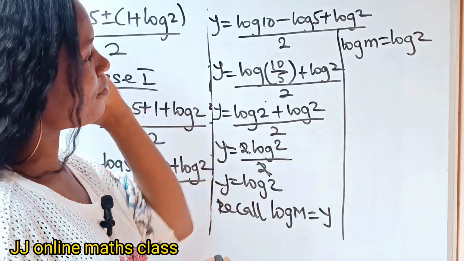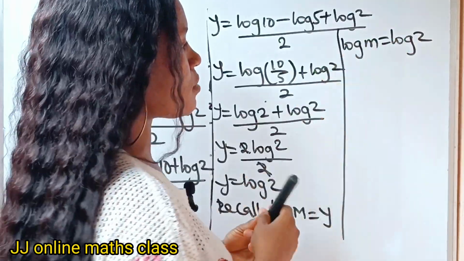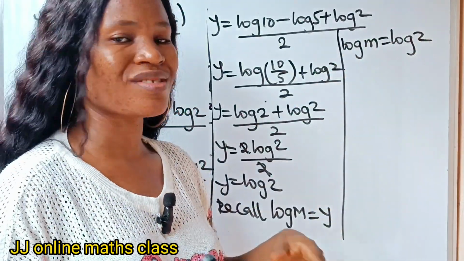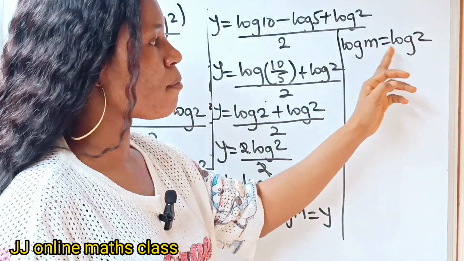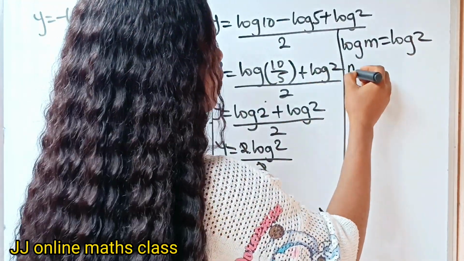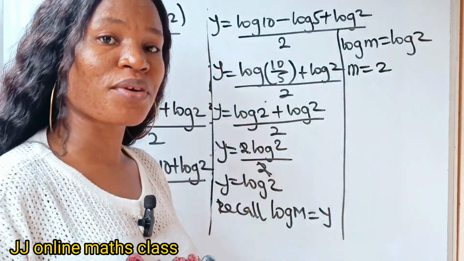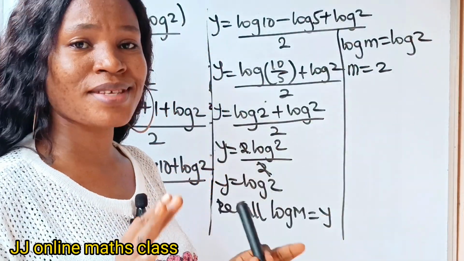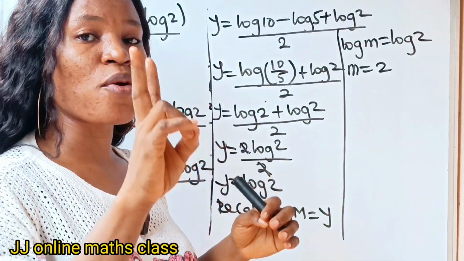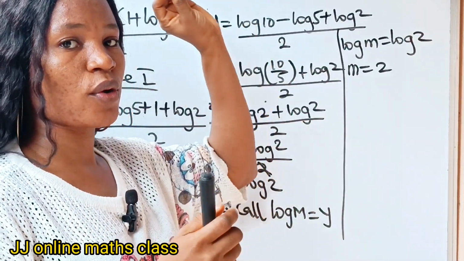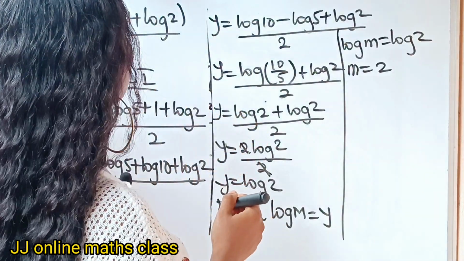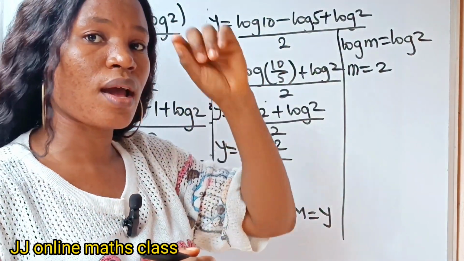So interesting, right? Now by comparison, if log m is equal to log 2, then it simply means that our m is equal to 2. We have gotten our m. Remember that we are looking for x and not m. Now recall the second thing I wrote out: x minus 5 is equal to m.